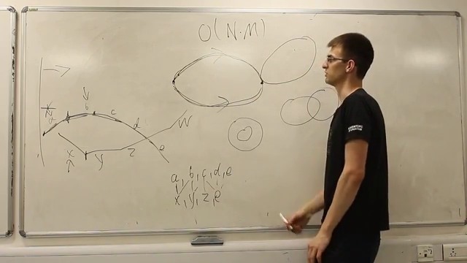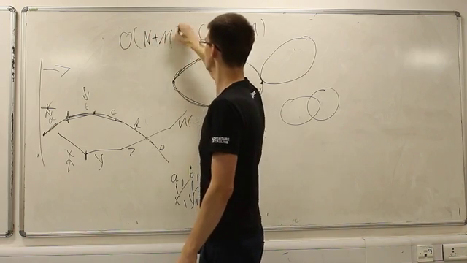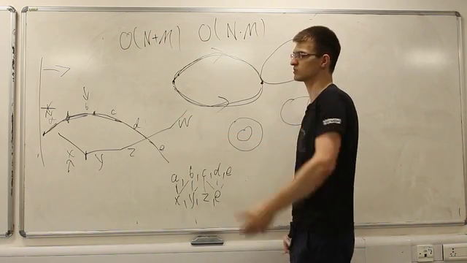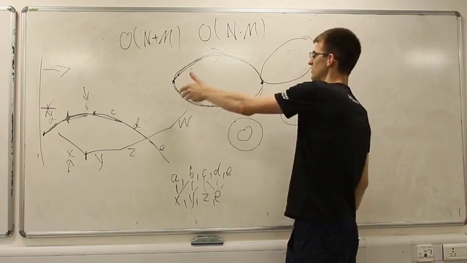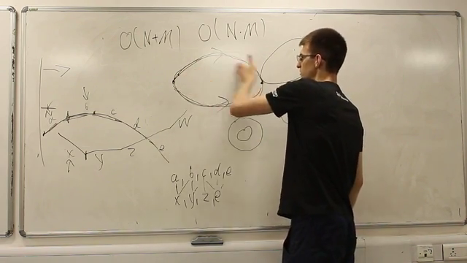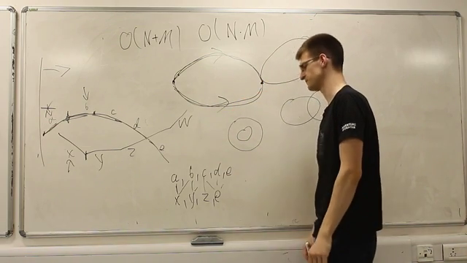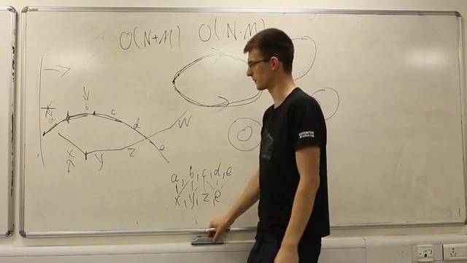Anyway, the complexity will be just O of n plus m, because we don't even have to sort anything. The convex polygon already has its segments sorted. They go first to the right and then to the left, as we talked at the beginning of this lecture in the puzzle problem.